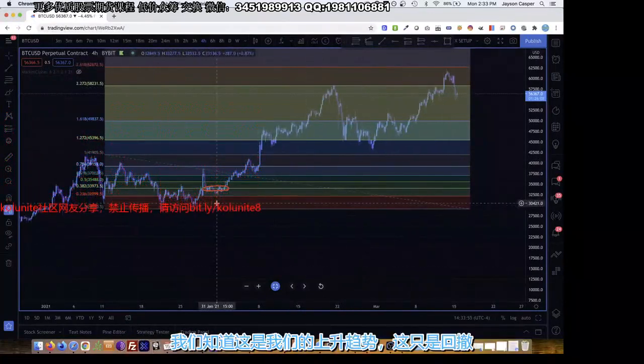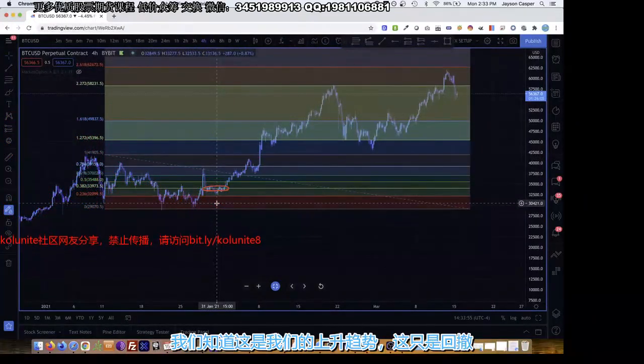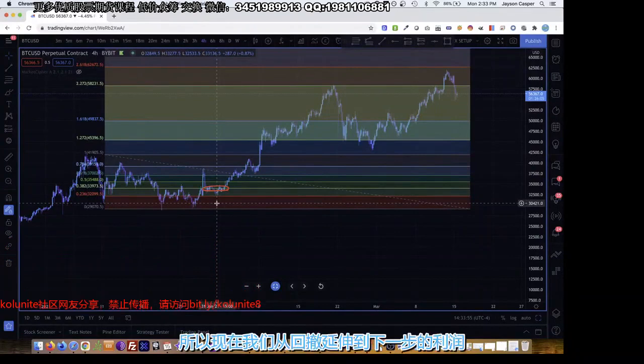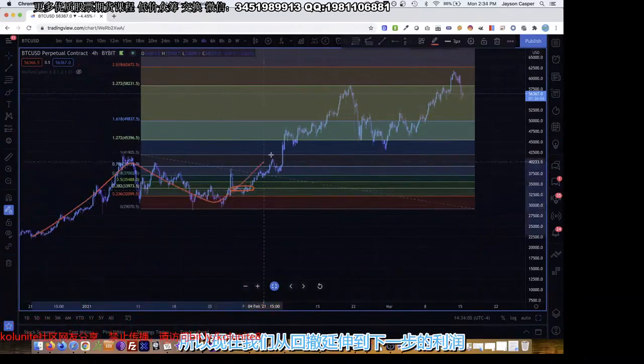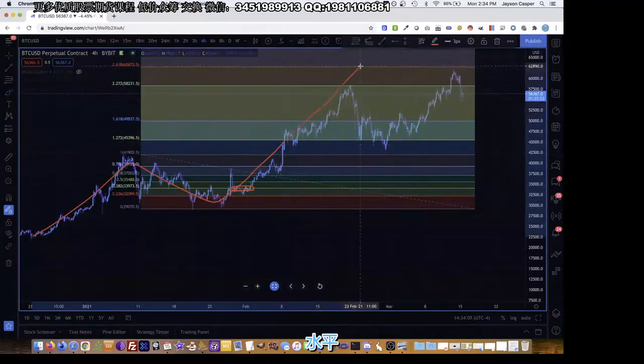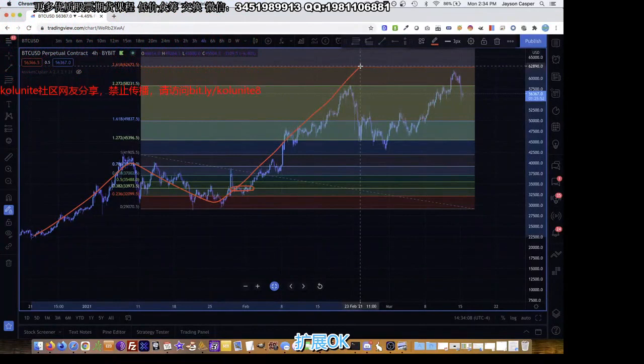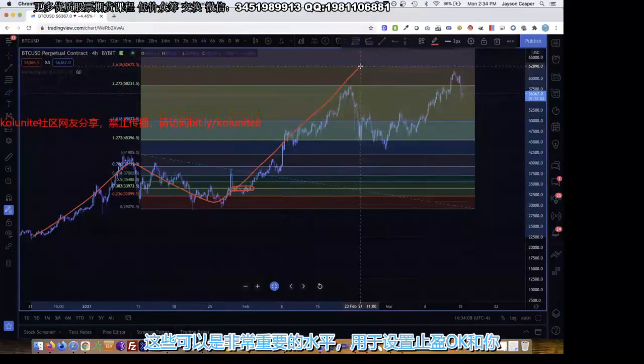We're saying, okay, we know that this was our uptrend and this was only a retracement. We know we're still in an uptrend, so now we're extending from that retracement to see what our next take profit levels are. And look, we almost perfectly hit, guys, this 2.618 extension, okay? And these can be very significant levels for setting take profit, okay?